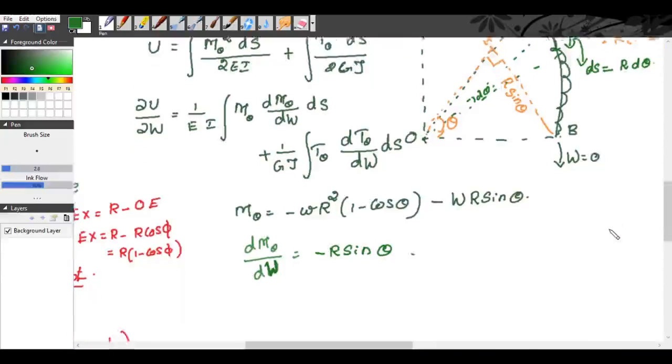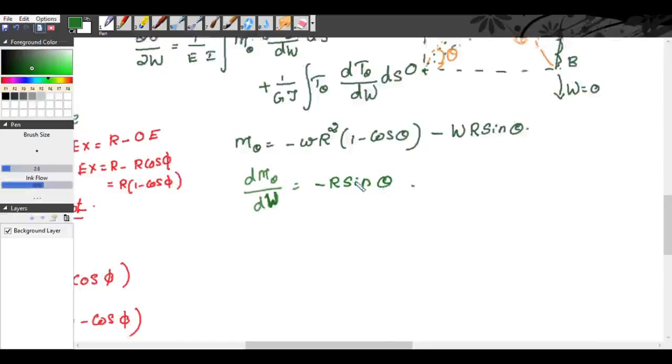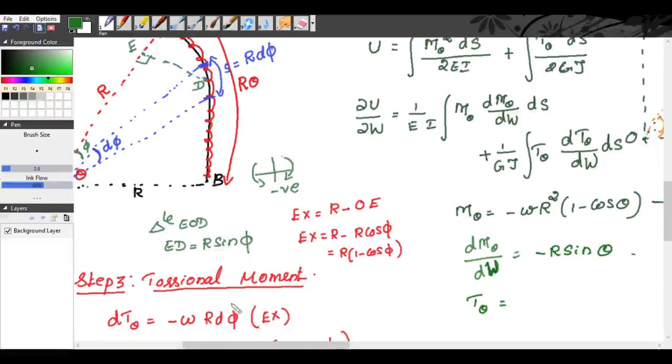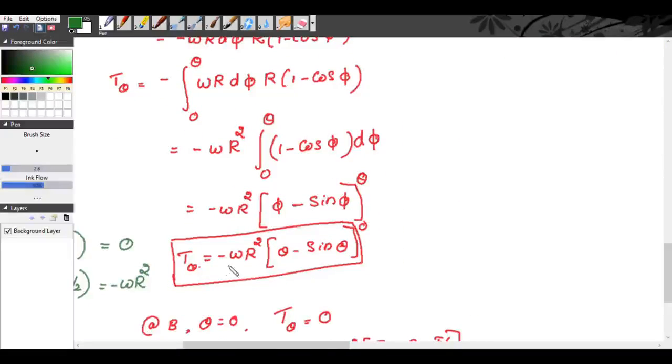Now we will find the torsional moment at X. We have already found the torsional moment is equal to minus WR square into theta minus sine theta. This is for the UDL.